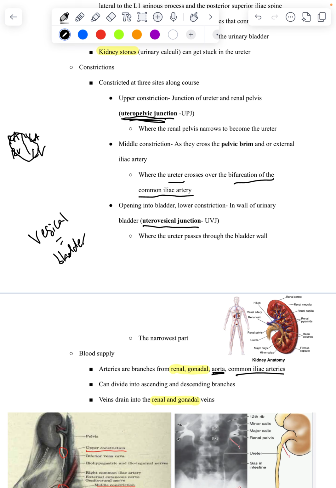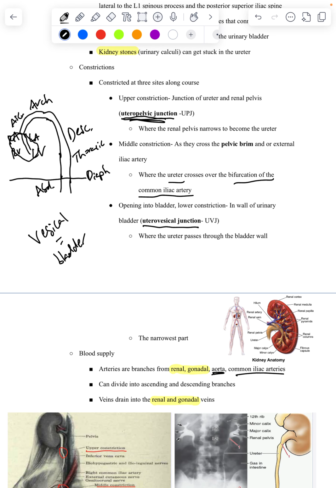Off your left ventricle, this is your ascending aorta, and then it arches. This is your arch of aorta, and then it descends above your diaphragm. This descending aorta is also called thoracic aorta, and then below it's called abdominal aorta.